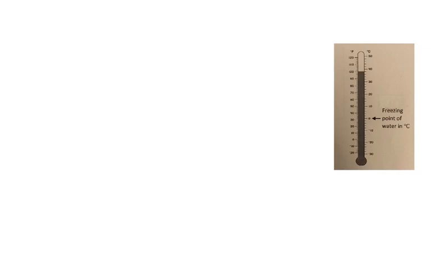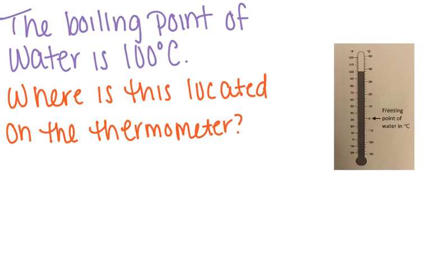Now, let's talk about how positive and negative numbers work when it comes to temperature. On the right-hand side of your screen, you can see that I have a picture of a thermometer. Alright, so the boiling point of water is 100 degrees Celsius. If you look at our thermometer, where would 100 degrees Celsius be located?